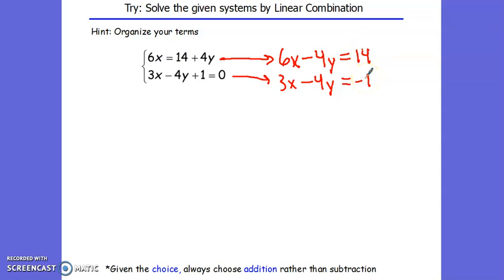Now the downside is, unlike our other example, if I add right now, I'm not going to be able to eliminate. 6x plus 3x is 9x. And that's not a bad thing. But negative 4y plus another negative 4y is really negative 8y.